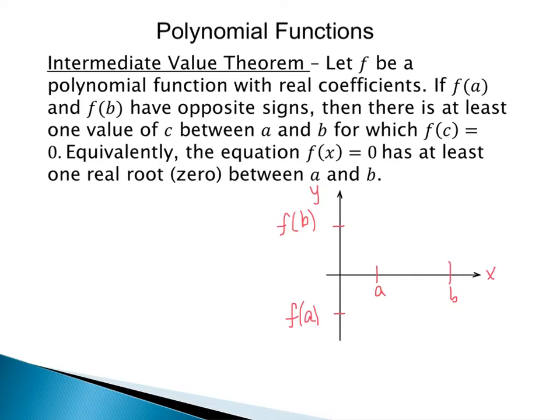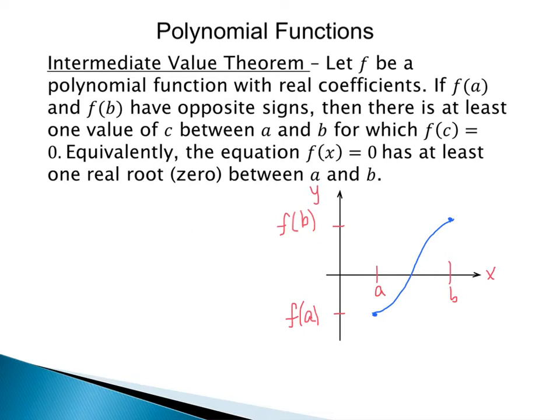Well, f of c equals 0 means that y equals 0, and y only equals 0 when we cross the x-axis. So if I have some point a, f of a down here, and some point b, f of b up here, in order for it to be a polynomial function, it's continuous, so there are no breaks. The function would have to go from f of a up through f of b.